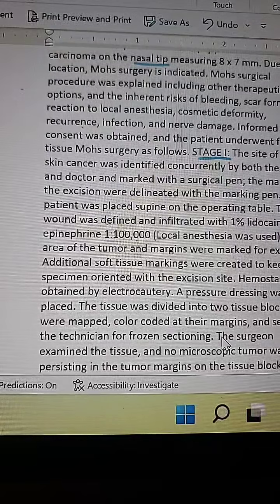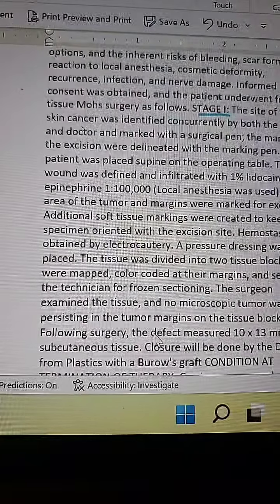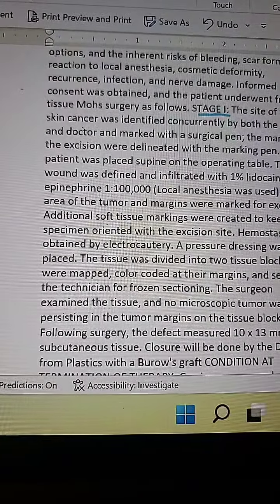Frozen sections. Yep. How many times did they cut it up? I know it's in here somewhere. 2 tissue blocks. Yep.